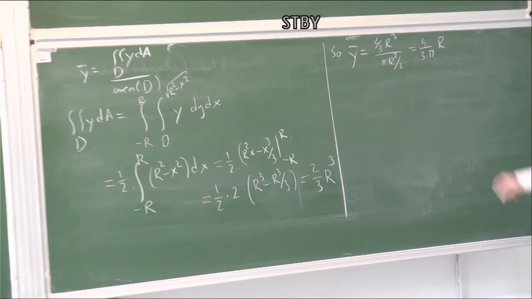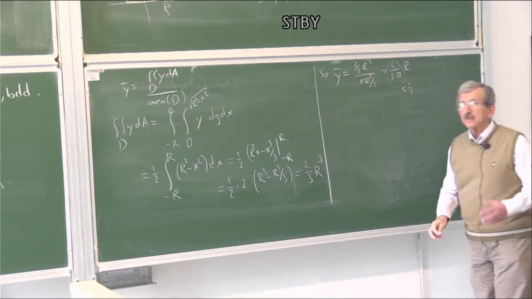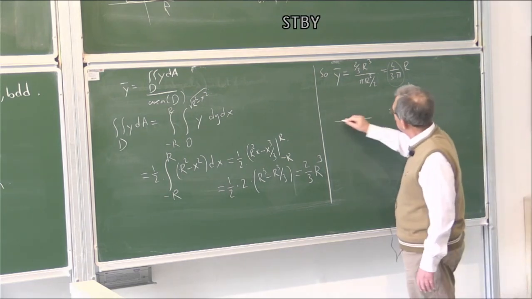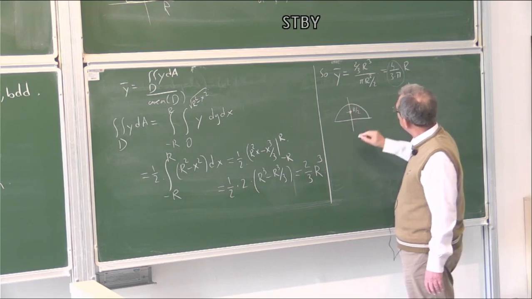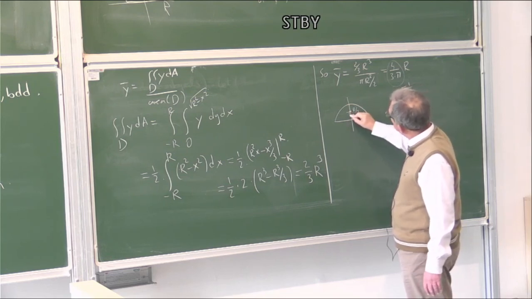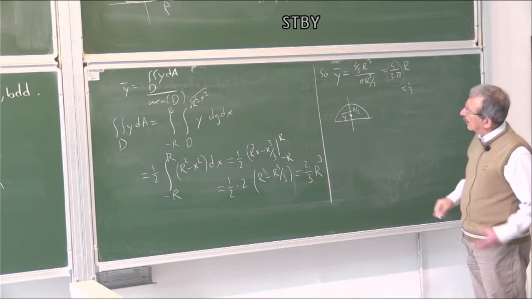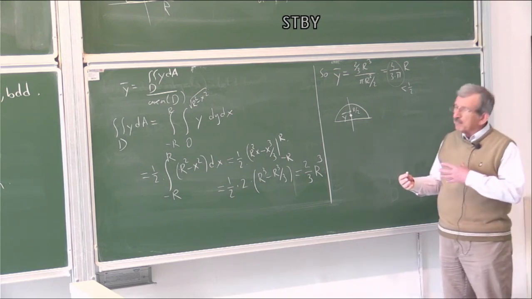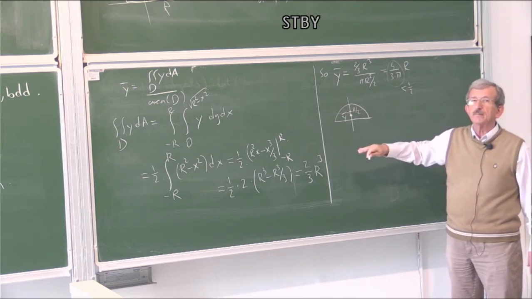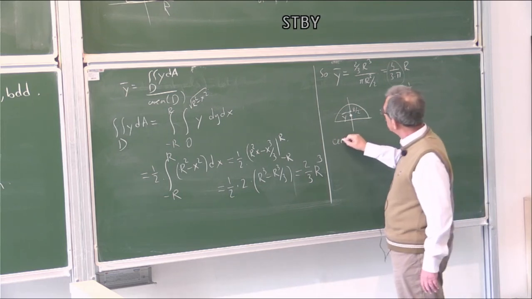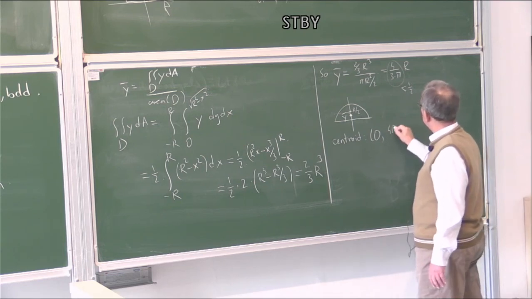Well, you can observe that this is a number less than r over 2 as expected, because in a circle, this is r over 2, but y bar is below it. This is expected because the mass of the circle lies below the half. So the centroid is 0 and 4r over 3 pi.